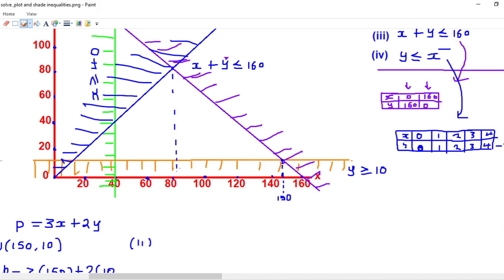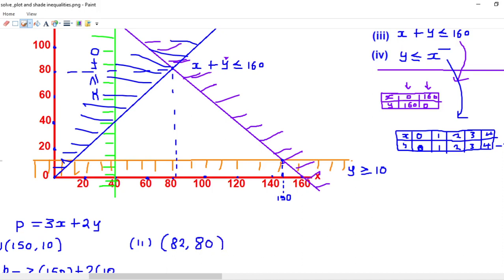So this can be 82, we're just estimating. On the y-axis we have 80. So 82 comma 80 is what we have.